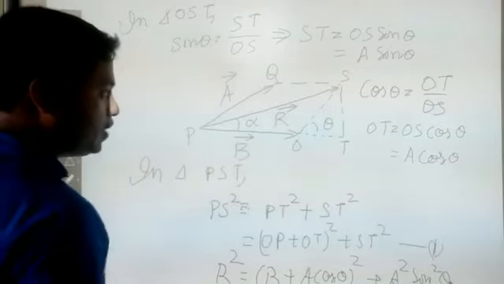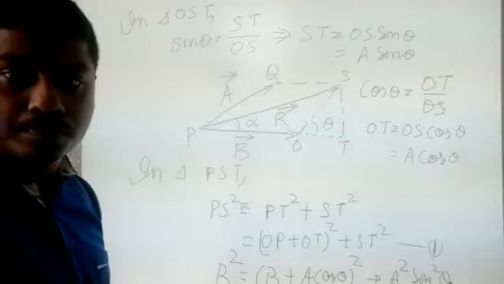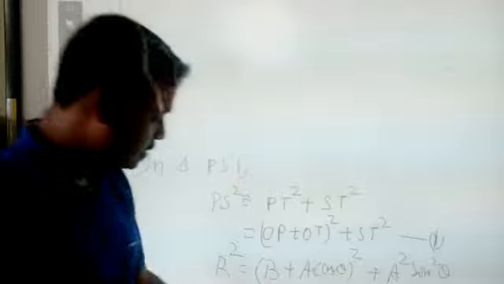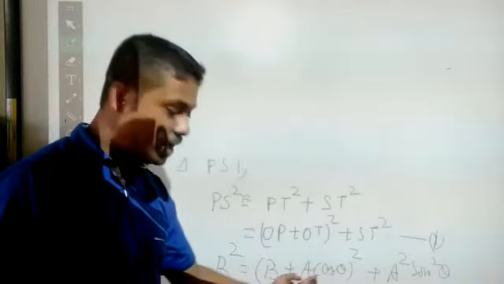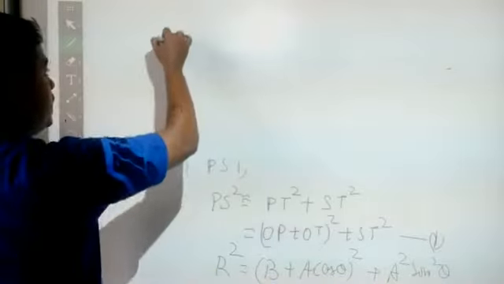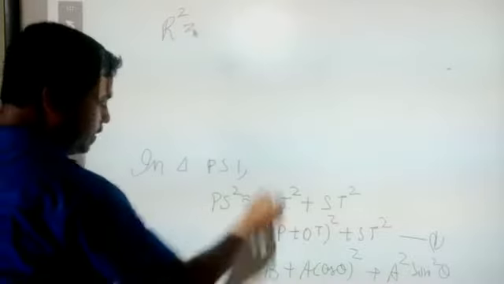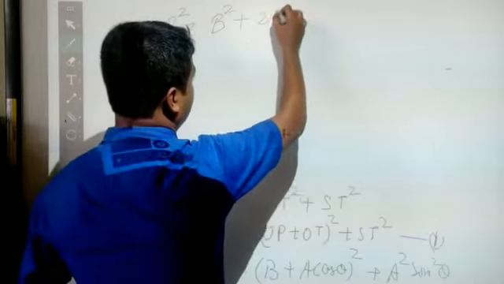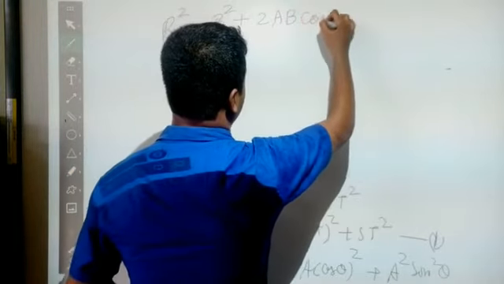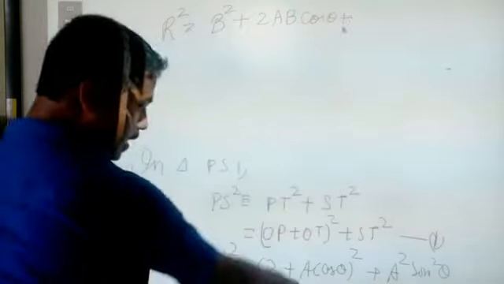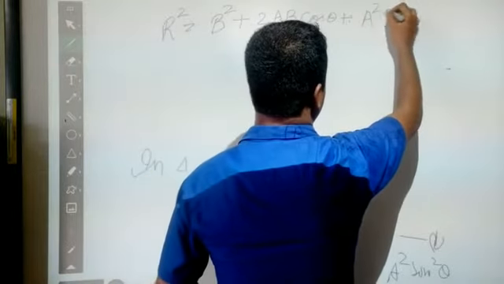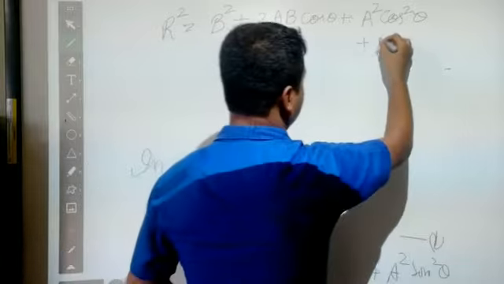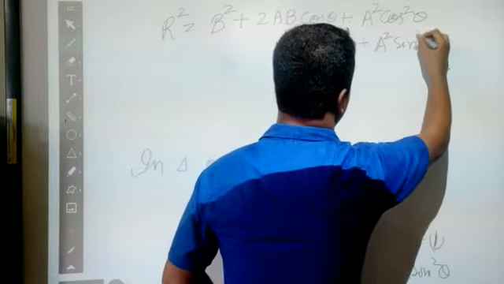So after doing the calculation, we are at this step. After this, we can expand it using the (A plus B) whole square formula. So this will be R square equals B square plus 2AB cos theta plus A square cos square theta plus A square sin square theta.